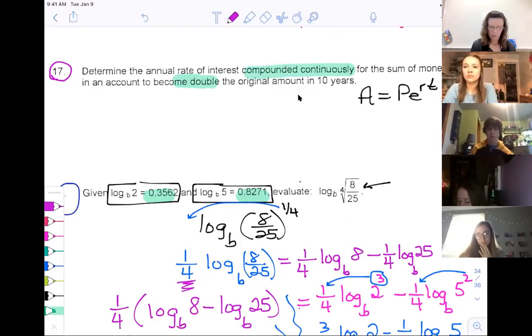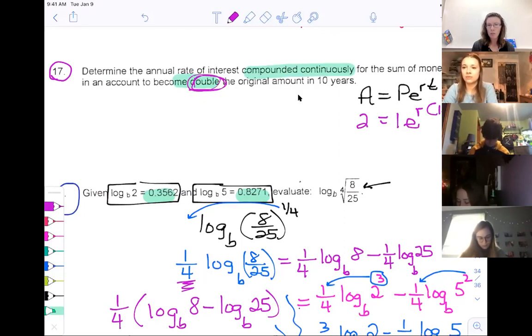I guess 2 for the A. Yeah, so 2. And then a 1 for the P. Awesome. And then a 10 for the t. Perfect. Nice job. So that doubling, A is 2 if I wanted to double, P is just 1. And then again, you're solving for rate here.